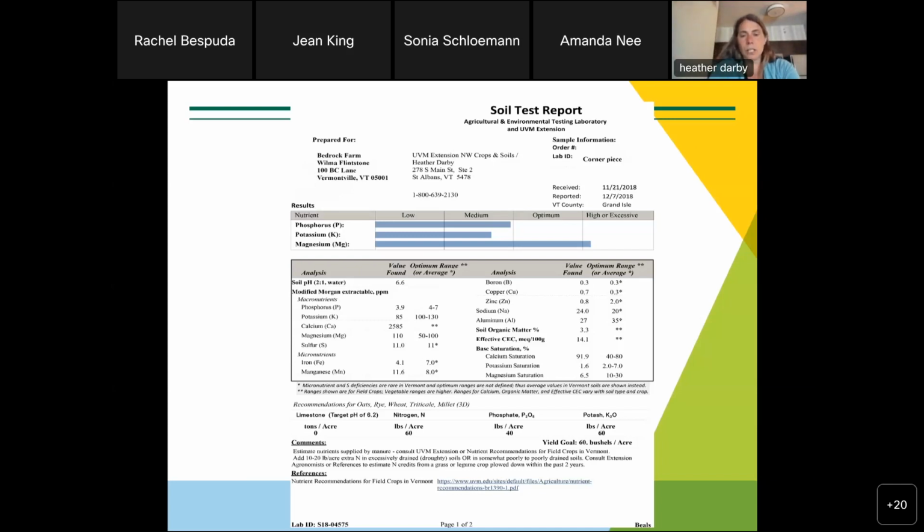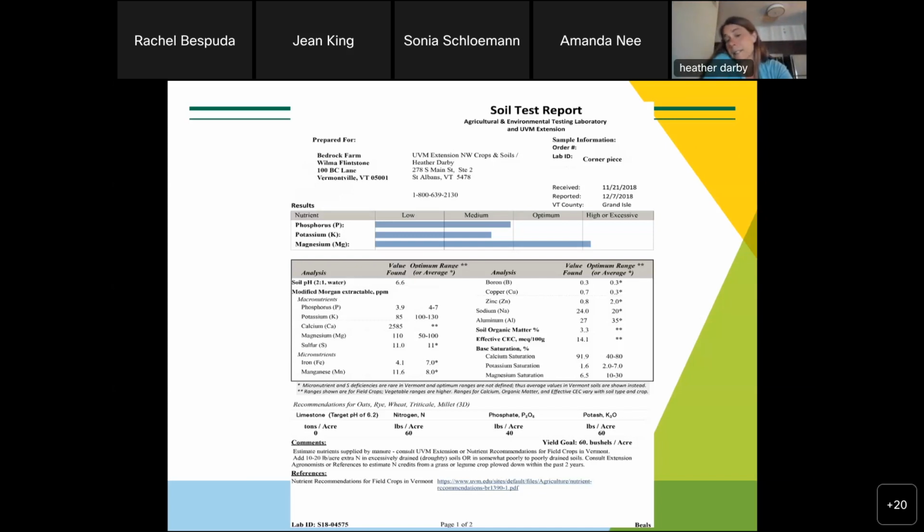Okay, then we list sodium and aluminum. Aluminum in particular in our region is an important nutrient that we look at here. A lot of other places, especially out in the Midwest, they don't even report aluminum, but we do in the Northeast because we tend to have soils that are high in aluminum, which is just a reflection of their genetic background, how they were developed.